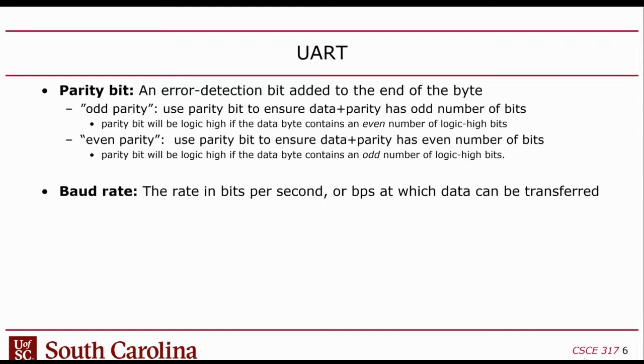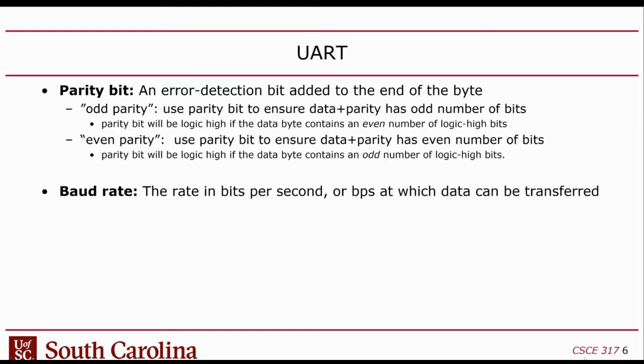If it's odd parity and there's an even number of 1 bits, you set the parity bit to 1, because that way, if you look at all the bits that make up the transaction, there will have been an odd number of bits set to 1. And then likewise, even parity works the same way. If I have even parity, then I would set the parity bit to 1 if there was an odd number of 1 bits, because that would force the total transaction to have an even number of 1 bits. So that's the way parity works.